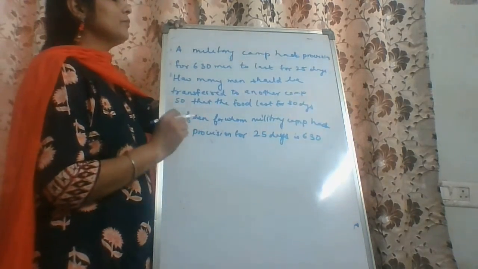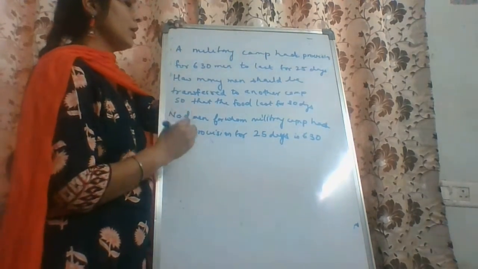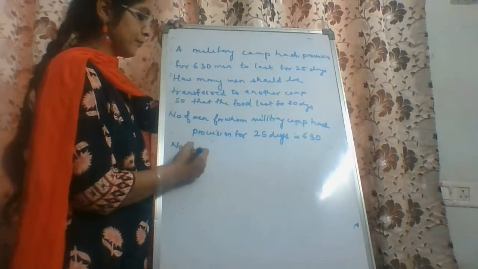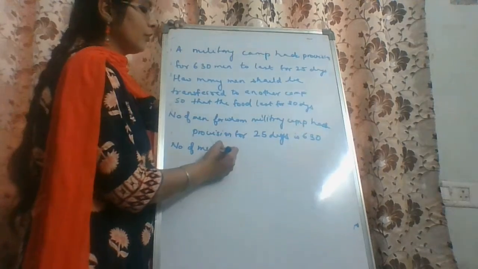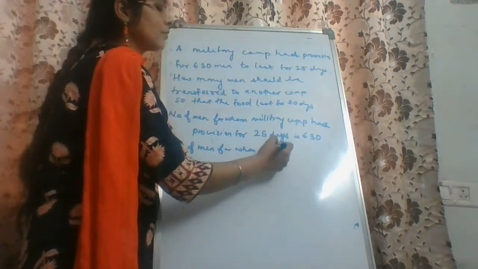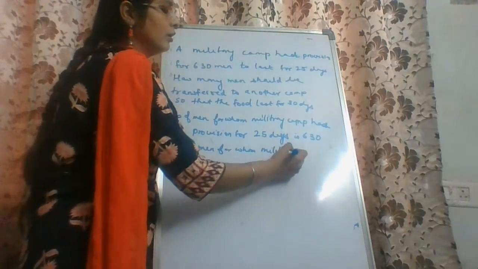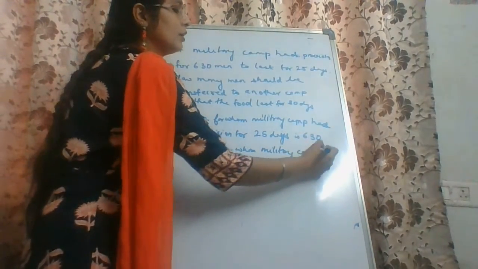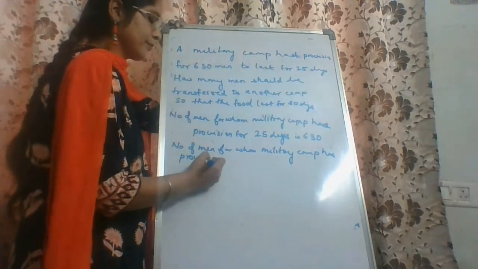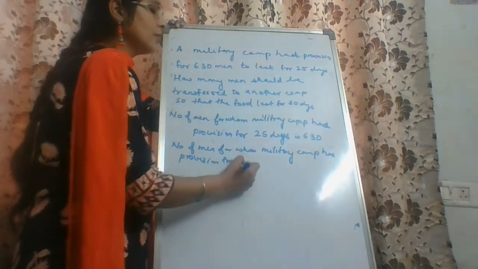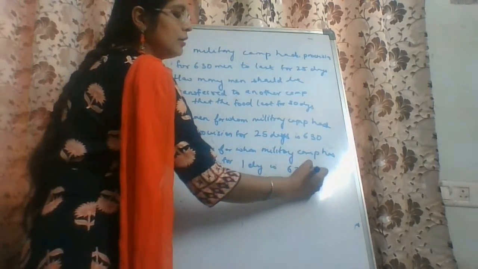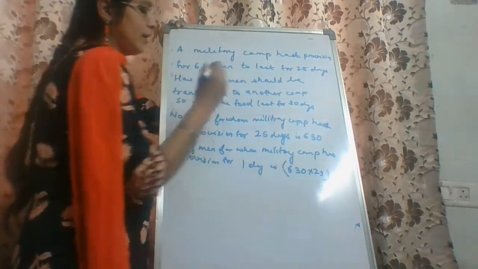The number of men for whom the military camp has provision for one day is 630 multiplied by 25.